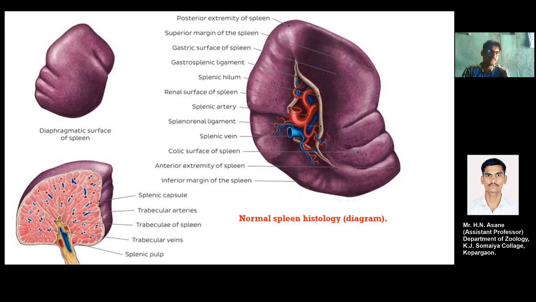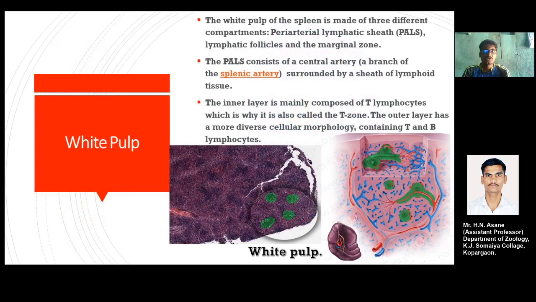So you will see the splenic pulp over here, which looks like the kidney gross sections, and these gross structures are seen in the spleen.